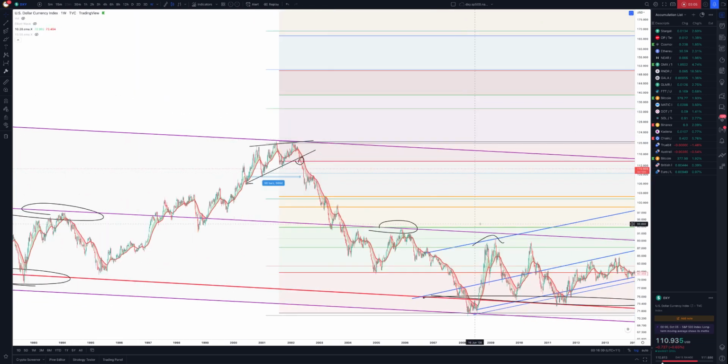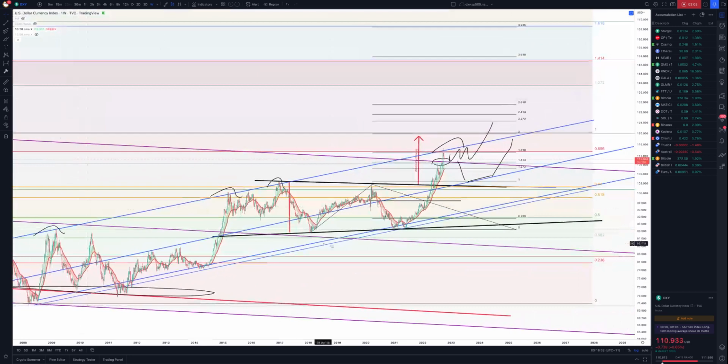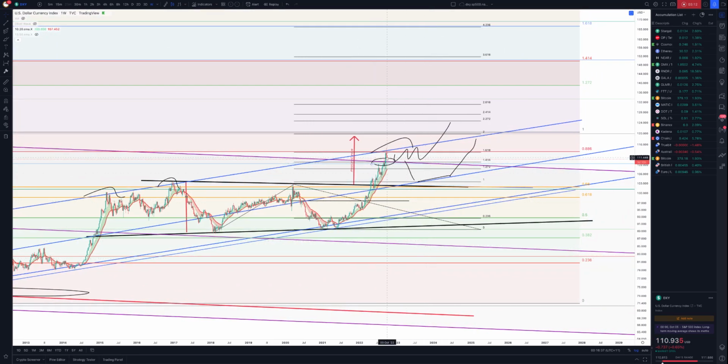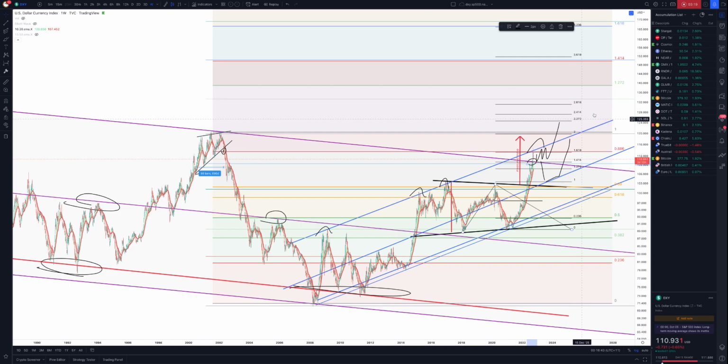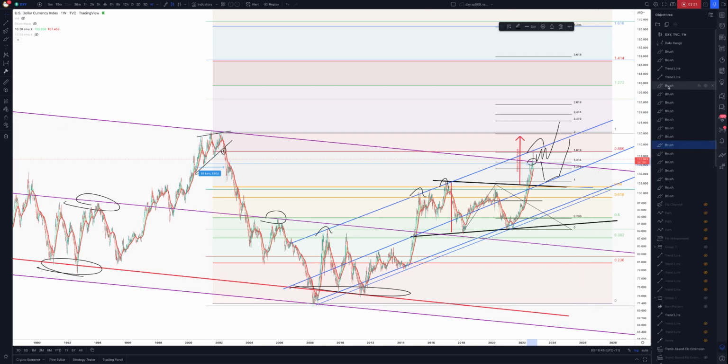Now let's look at the current situation. We're in the early days at the moment to say this is a reversal, but when we look at this particular area, let me just get rid of some of these drawings.